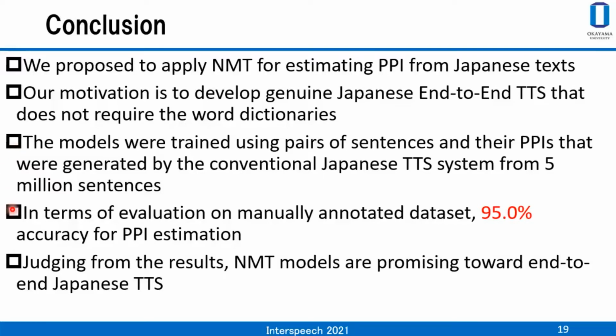In terms of evaluation on the manually annotated dataset, we achieved 95% accuracy for PPI estimation. Judging from the results, NMT models are promising toward end-to-end Japanese TTS. That's it.